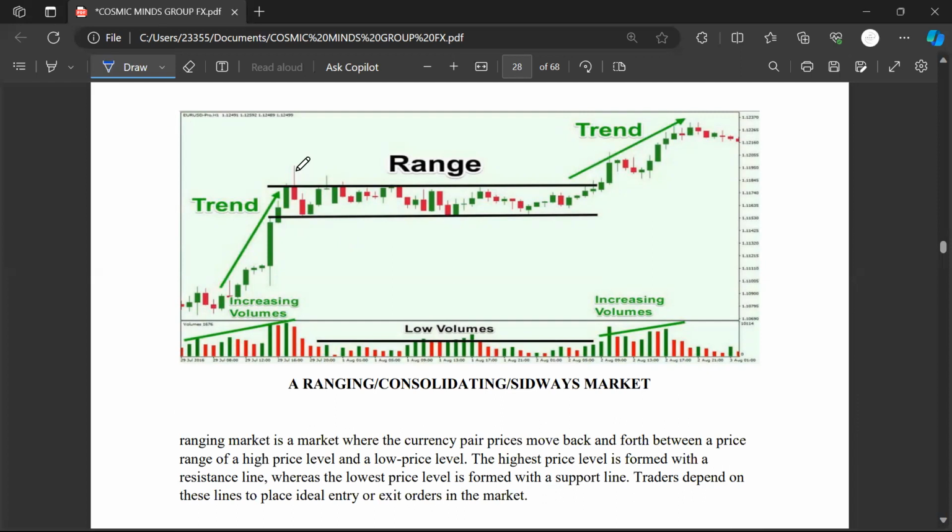Now let's focus on this part. This is a ranging market. In a ranging market, there's no particular direction. The market moves in a linear channel. It goes up a bit, comes down a bit, goes up a bit, comes down a bit. That's the nature of a ranging market. It's as simple as this.